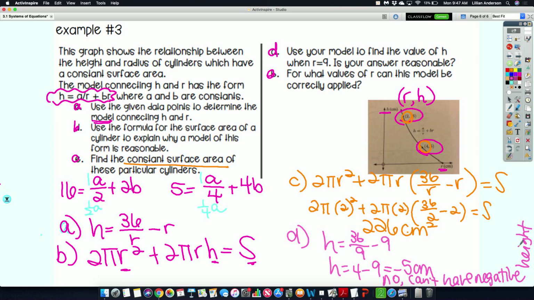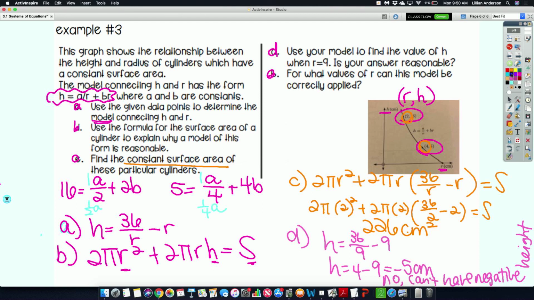But for what values of R can this model be correctly applied? Not any, because we just saw when R was 9, it didn't work. So the question is, what are my values of R for which it will work? Give you guys a second to brainstorm that before we actually answer it.